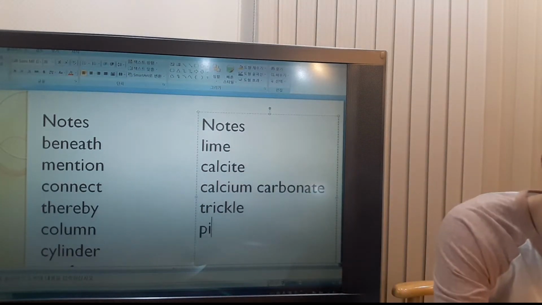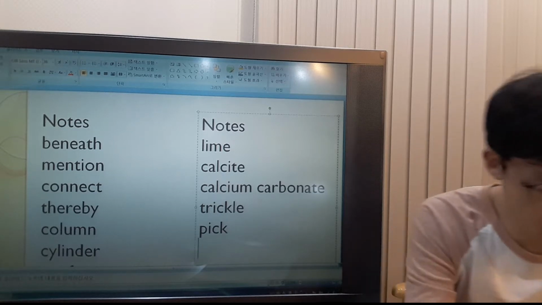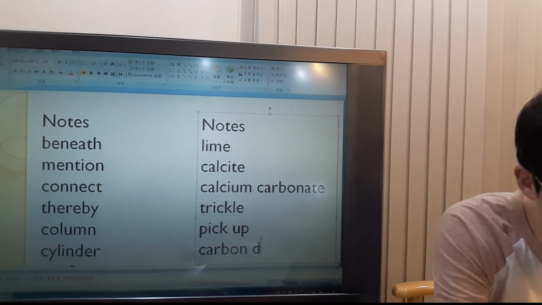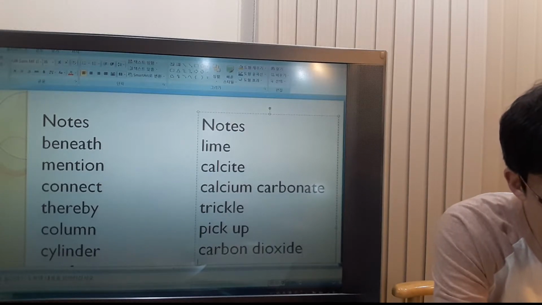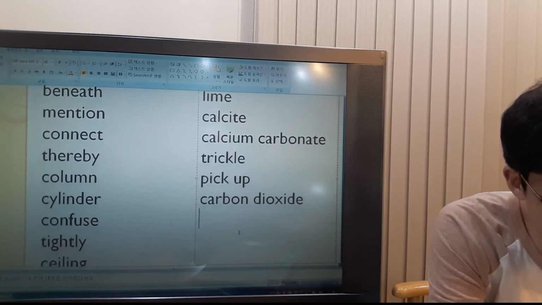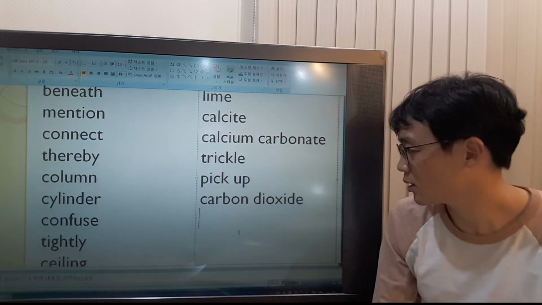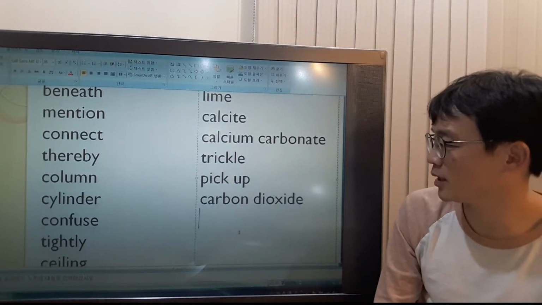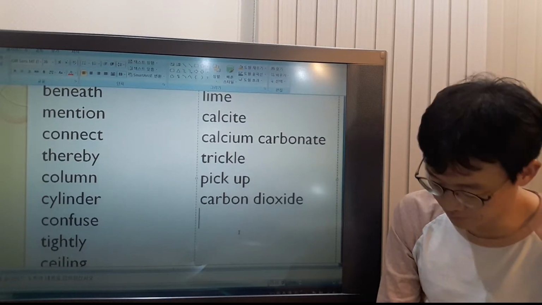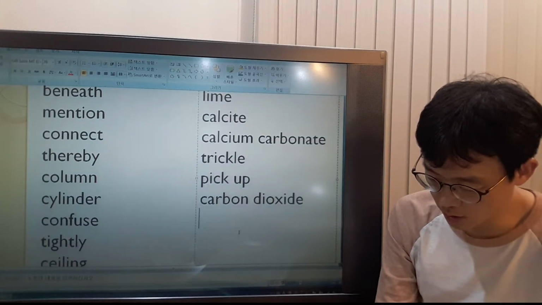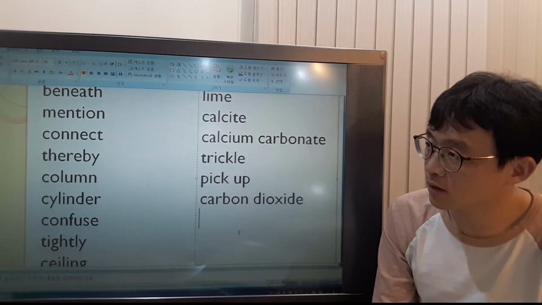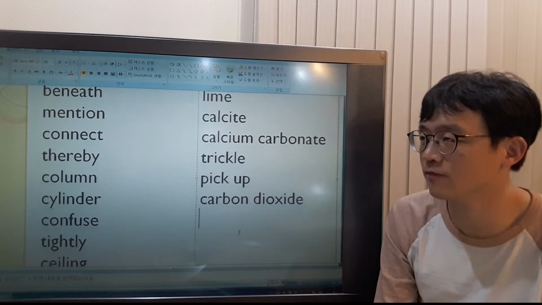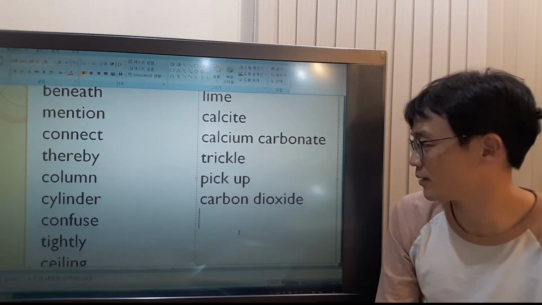Pick up, what does that mean? It means it gets carbon dioxide. You know what carbon dioxide is? What is carbon? Carbon is an element forming coal or diamond. You understand?